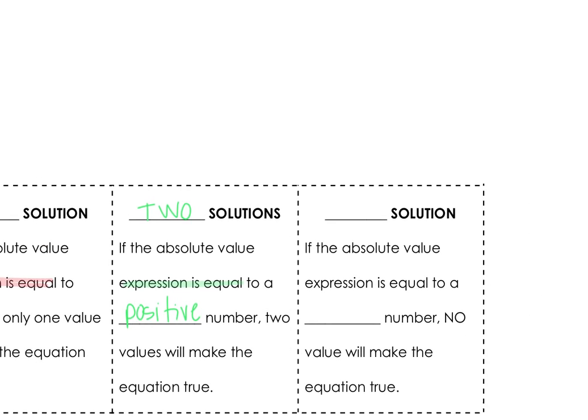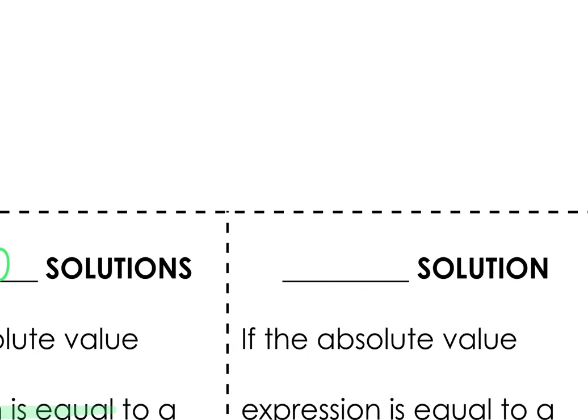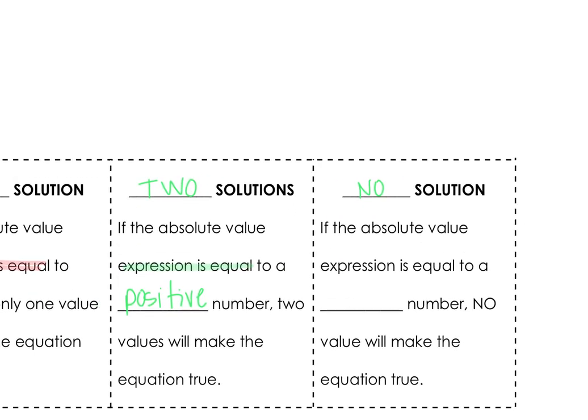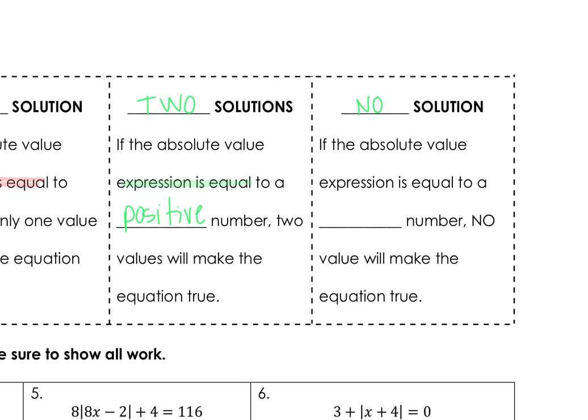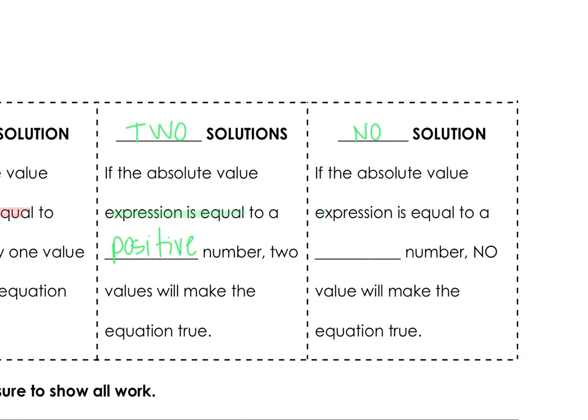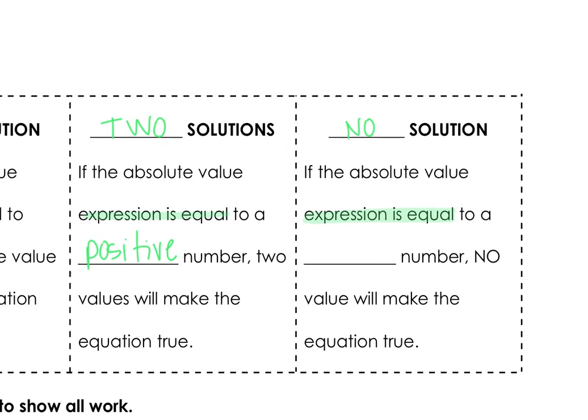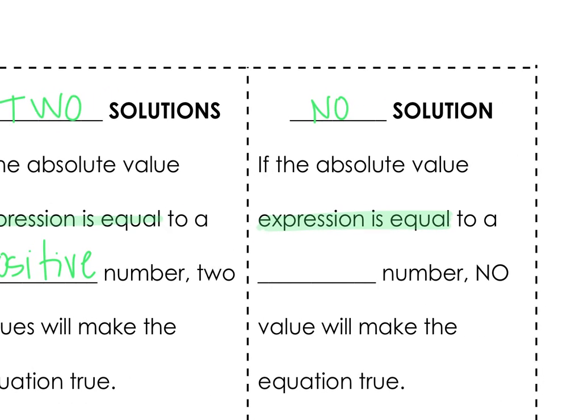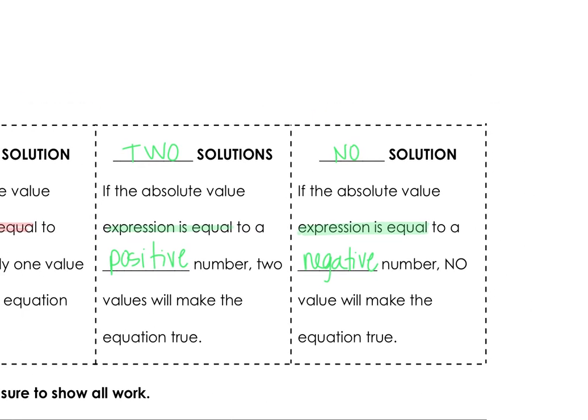The last type of solution would be if we have no solution. So we have no solution if and only if this absolute value expression is equal to, can anybody guess it? What type of number would leave us with no solution? Negative. 0 gives us one solution. If it's set equal to a negative number, well, now we're going to have no solution.